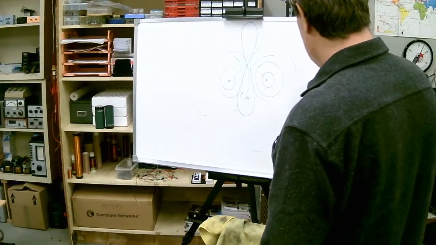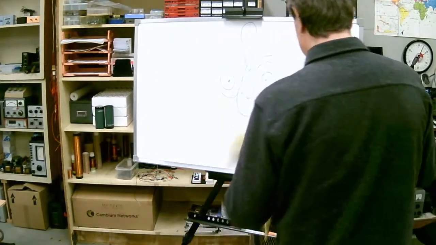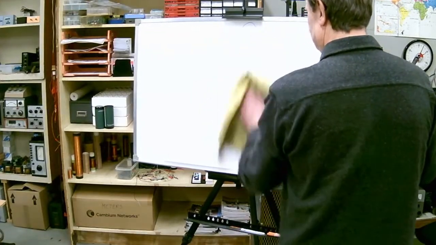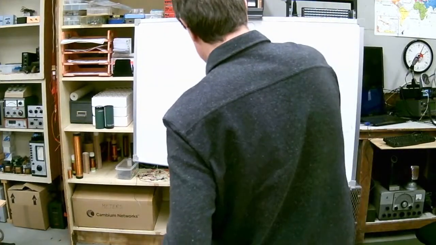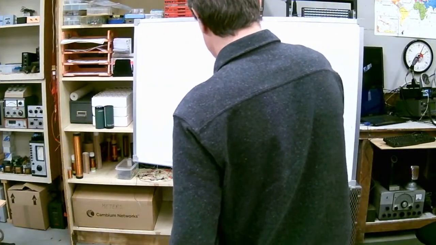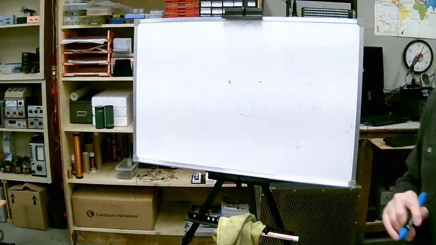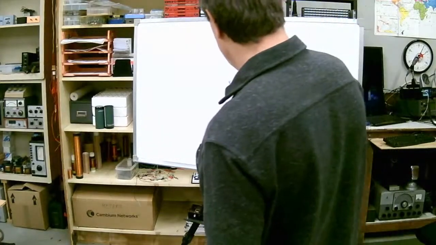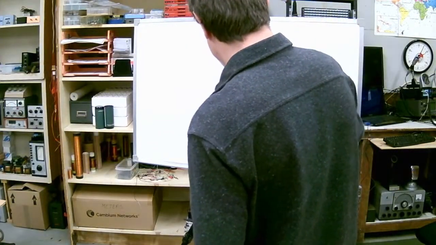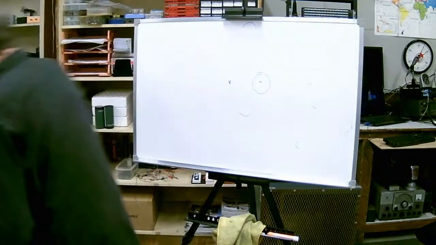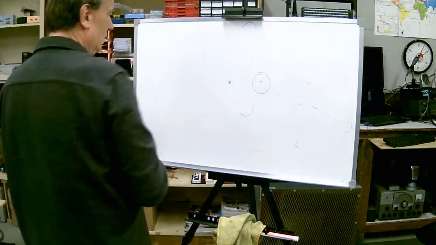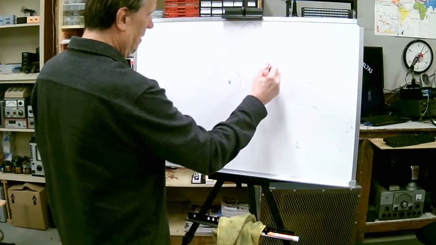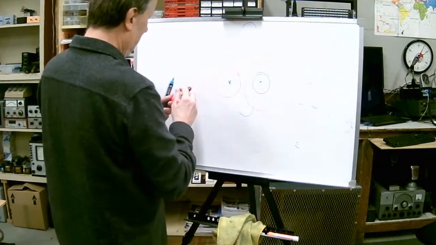If we feed these 180 degrees out of phase, red is your positive and the other color is your negative.